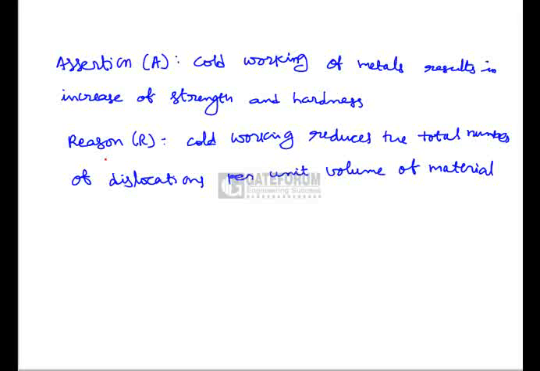In cold working of the metals, there is an increase of strength and hardness, but in the given reason, there is no proof; cold working cannot reduce the number of dislocations per unit volume of the material. So here the reason is wrong and assertion is right. So here A is true but R is false, and the correct answer is C. C is the right answer.